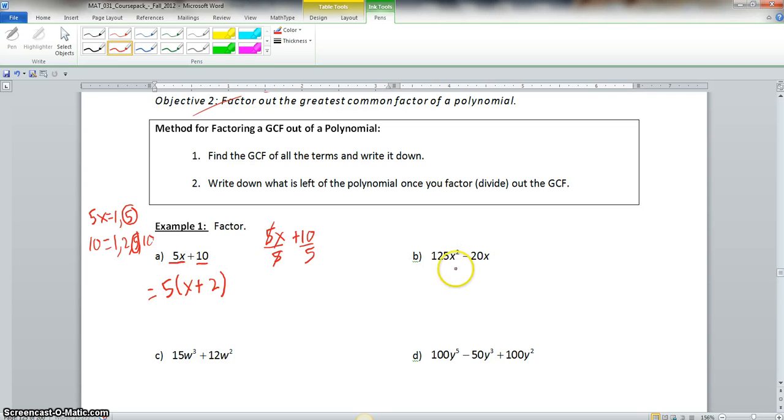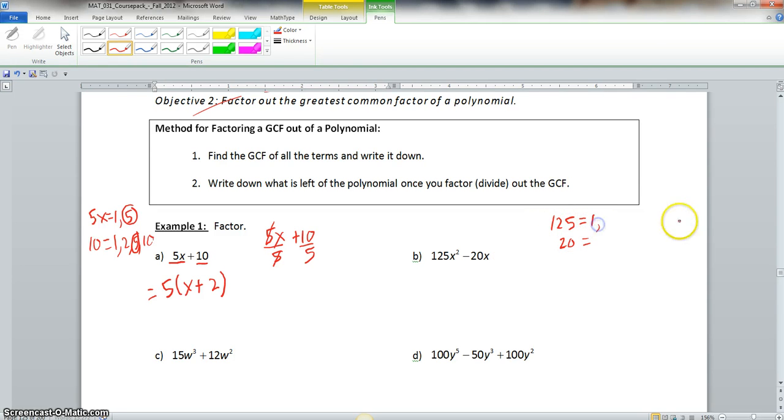Now, let's go over here to B. We have 125x squared and 20x. So we could go off to the side here. We have 125, and we also have 20. We don't need to write the sign as of yet.